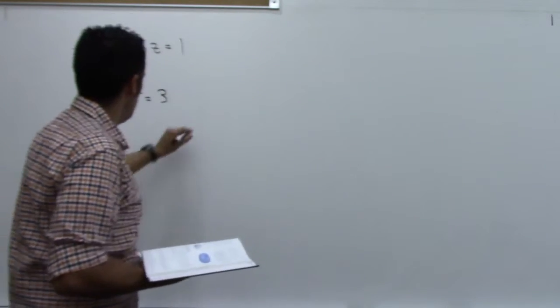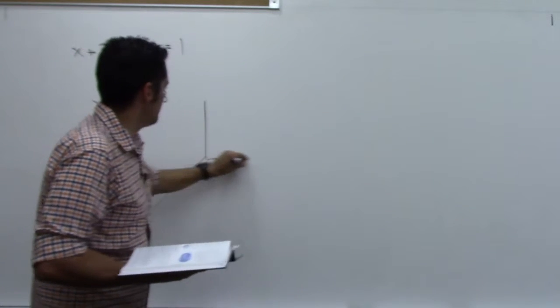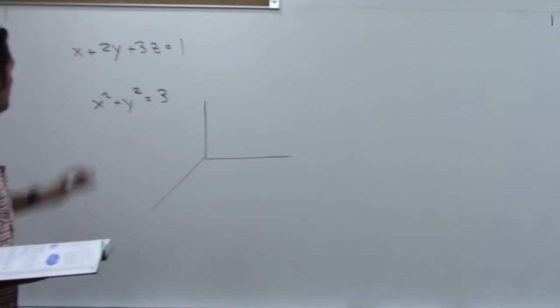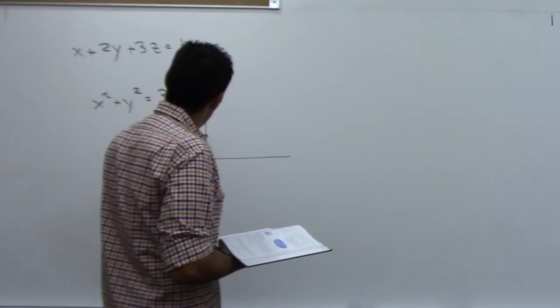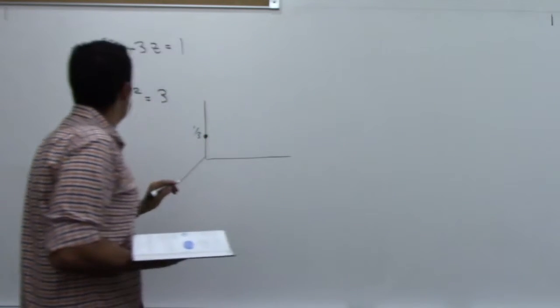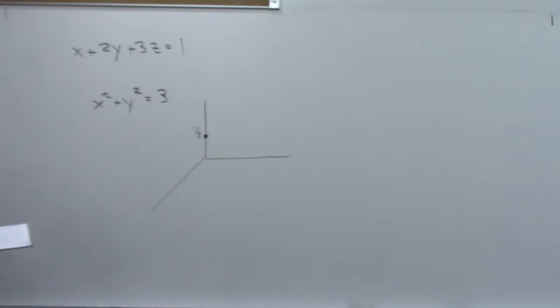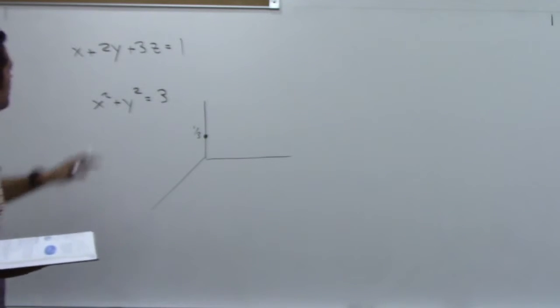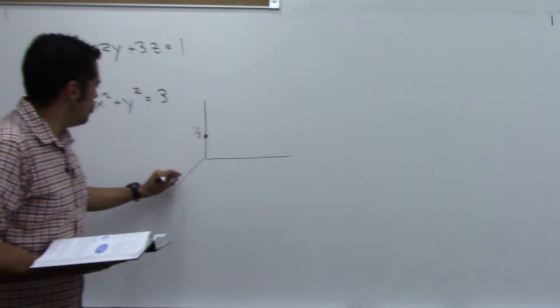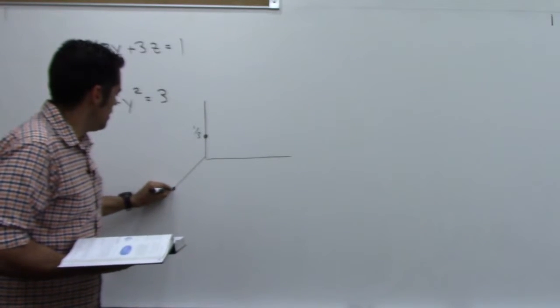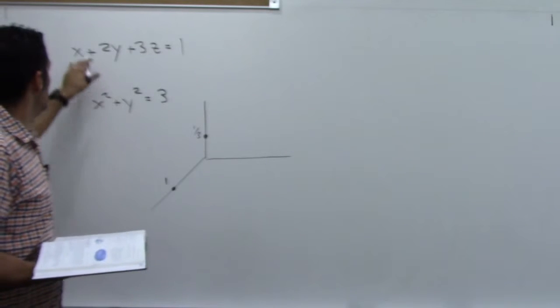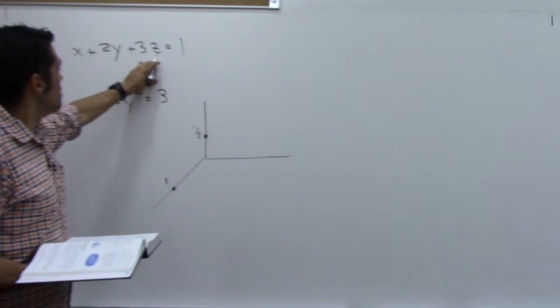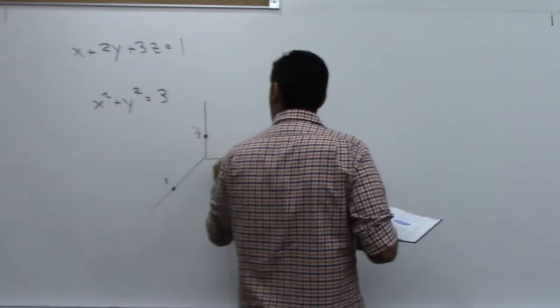So let me just draw the plane real quick, if I could. If x and y are 0, z is 1/3. If y and z are 0, x is 1. If, what am I doing? X and z are 0, y is a half.